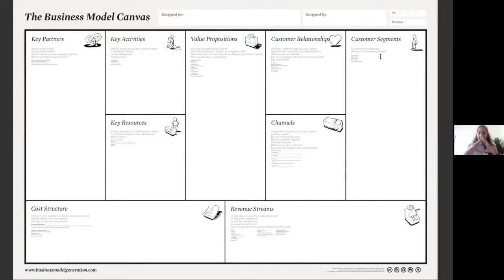This is a person that you create. You give them a name, an age, a gender, male, female. What does this person like to do? What are their activities? What is their pain point? What is the problem they are facing that your business is going to solve?